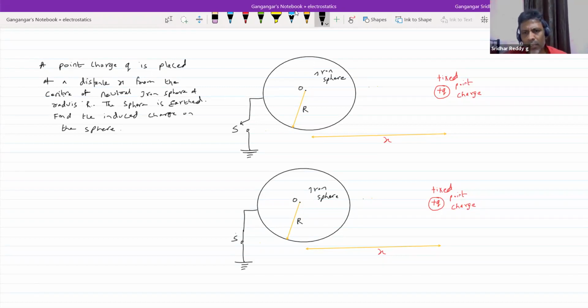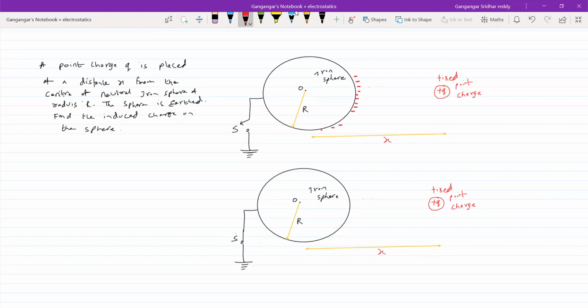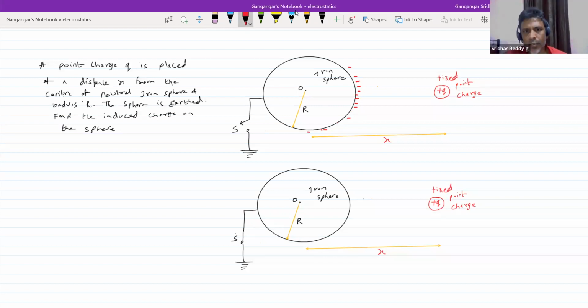So this plus Q will induce charge, no? So let's show the induced charges here. It will induce charge like this, then positive charge on this side.